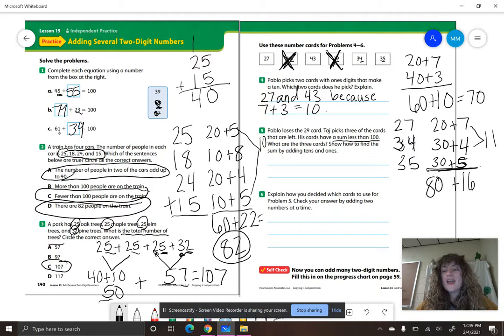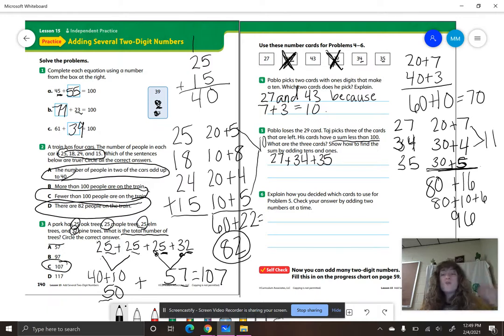And if I put 80 plus 16 together, that is 10 plus 6, would give me a whole of 96. So what 3 parts did I need to have a total less than 100? 27 plus 34 plus 35.